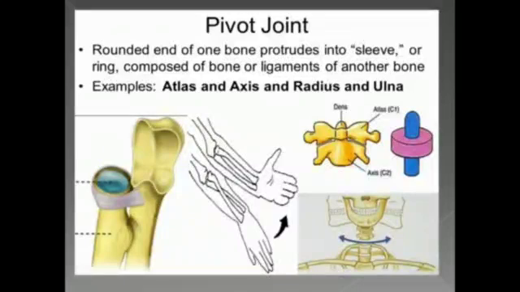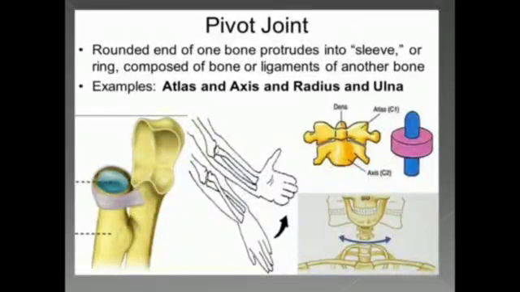And a ball and socket joint can rotate a complete circle. In a pivotal joint, a cylindrical bone rotates in a ring. It means that the rounded end of one bone protrudes into a sleeve or ring, we can say, composed of bone or ligaments of another bone.